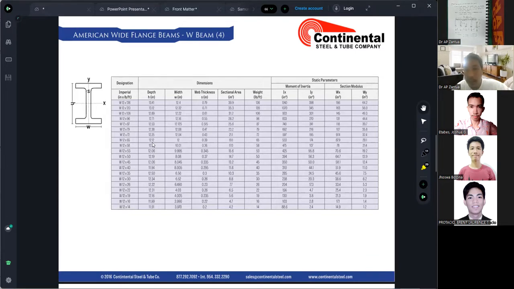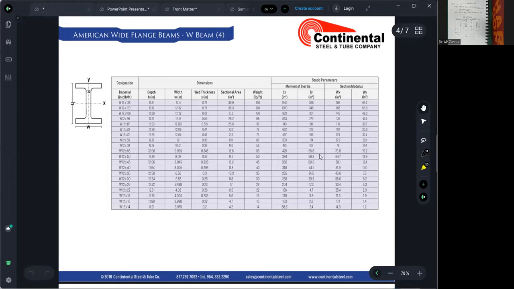There are many things that you can look up from the table, but currently we are just looking for the area and the height. Okay, so after that, find out from the table.